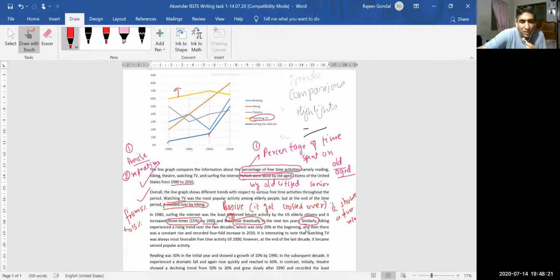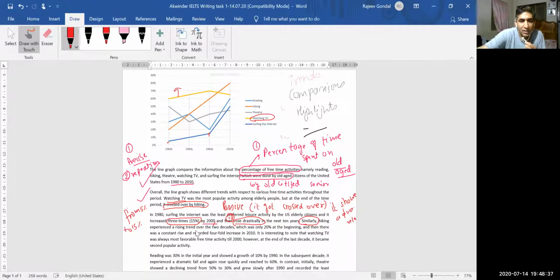Similarly, all these things that you have used are very good. Similarly, hiking experience. So hiking is this orange colored thing. So we are talking about hiking also, because both of them are showing positive trends. So you have combined them, which is a good thing.